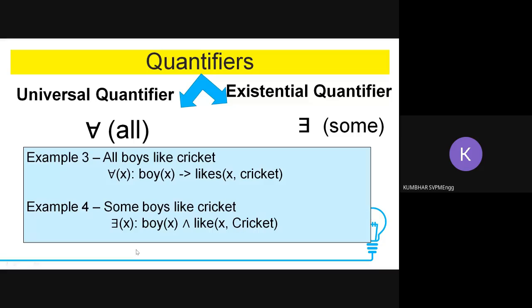Please reply. Shall we continue, or do you have any query on this quantifier? I'm waiting for your reply. Please, someone unmute and tell me what the situation is.